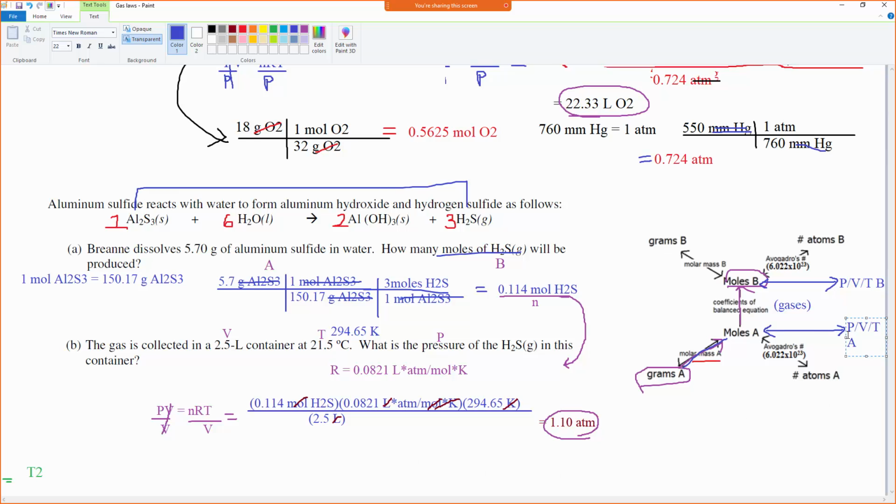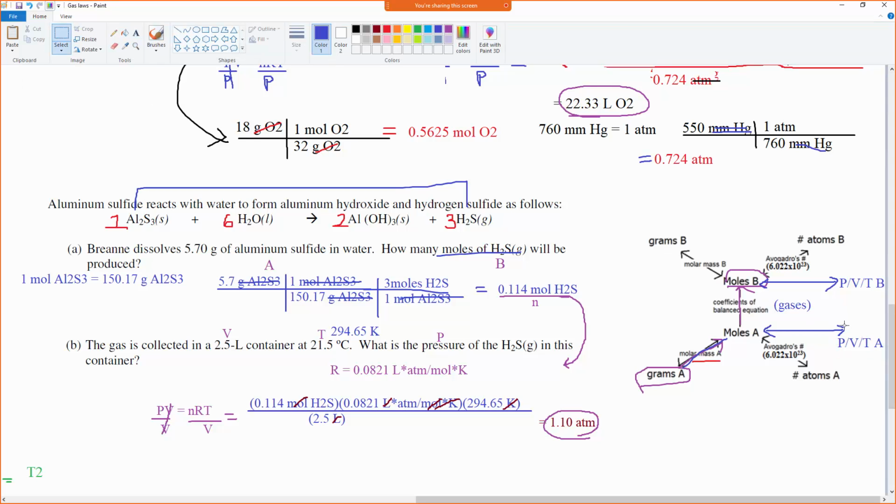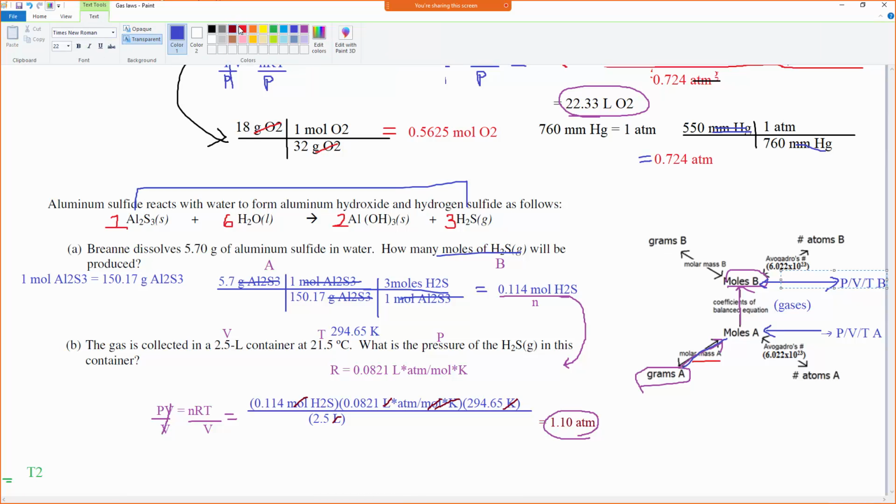Using the ideal gas law. Use a different color so it'll be clearer.